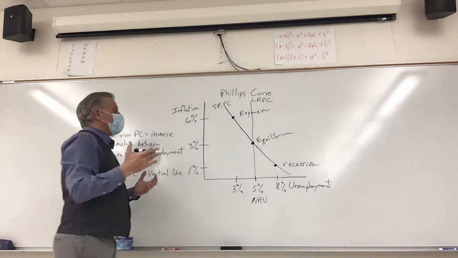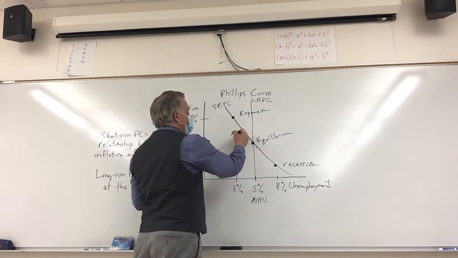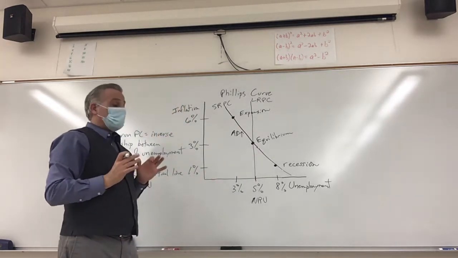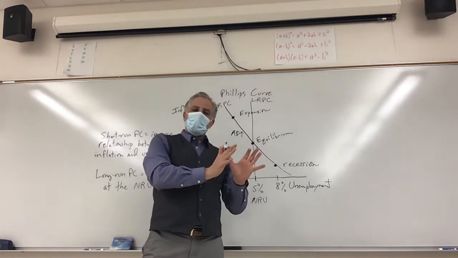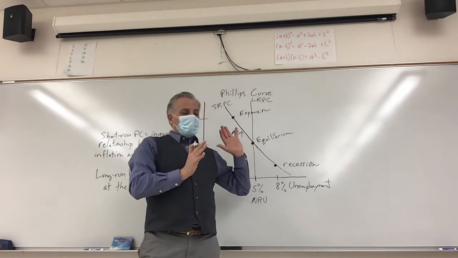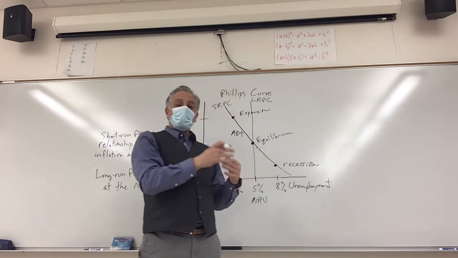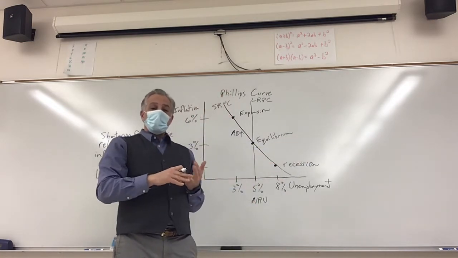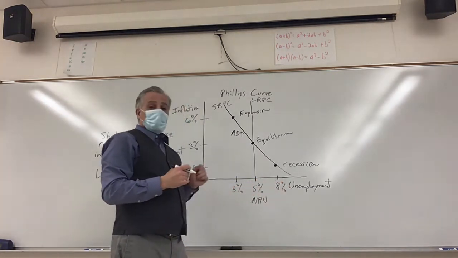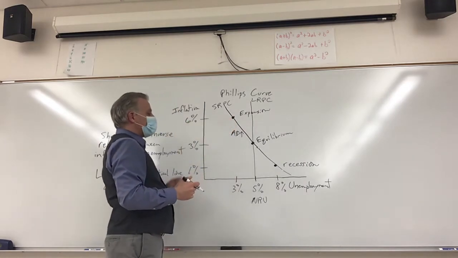Okay? How do we get to expansion? Well, that's just like on the ASAD graph, an increase in aggregate demand. Now, remember, on the ASAD graph, the increase in aggregate demand moves everything to the right because it represents real GDP, employment, income, and output. Well, this represents unemployment, so if it goes to the right on the ASAD graph, it goes to the left on this graph.